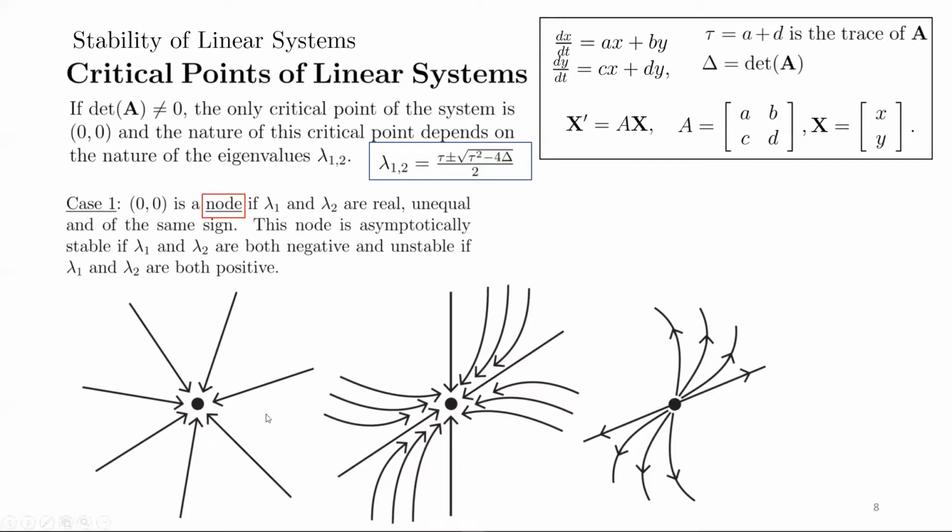The first 2 examples are asymptotically stable, because as time goes to infinity, these trajectories move towards the critical point. The third example would be an unstable node because the trajectories are moving away. So the sign of the eigenvalues determines whether we have an asymptotically stable node or an unstable node.